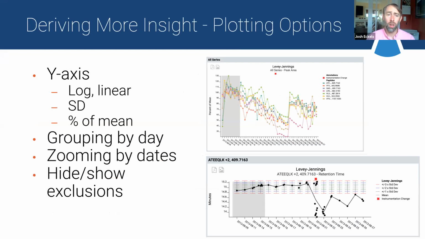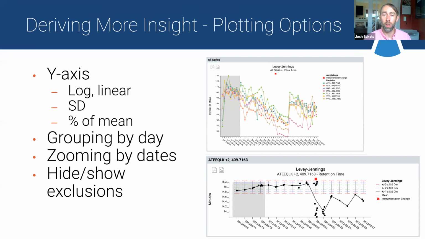We've got lots of options, lots of different variations on visualizing this data. We can change our Y scale. We can group by day, zoom by dates, hide or show exclusions. So doing something like, instead of plotting the raw values, doing the percent of mean can be a great way to look at things where across different peptides or molecules, we've got a pretty significant range in peak area.